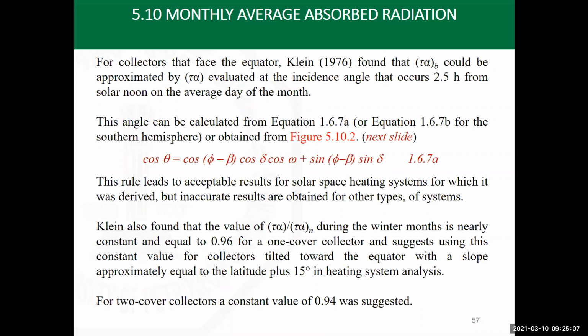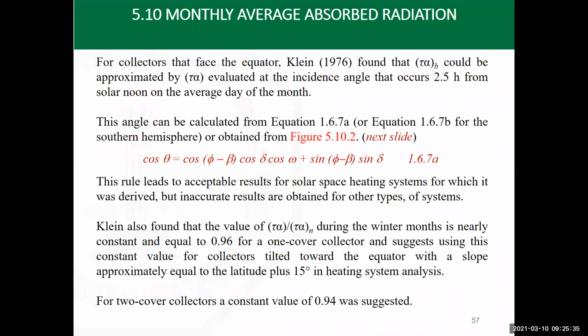So we have some sort of formula that we can apply to calculate this effective angle right away, from a formula or even a figure. This angle can be calculated from equation 167a, or 167b for the southern hemisphere, or obtained from equation 5.10.2.